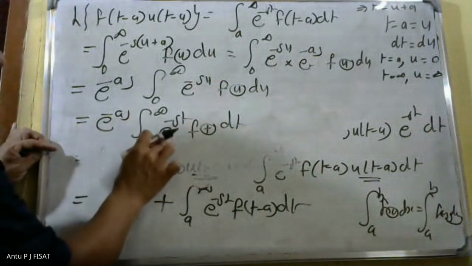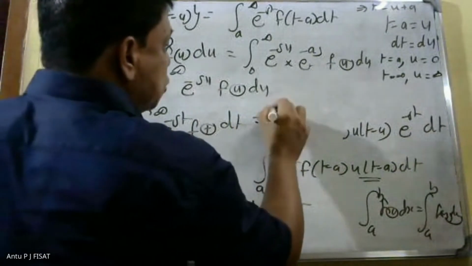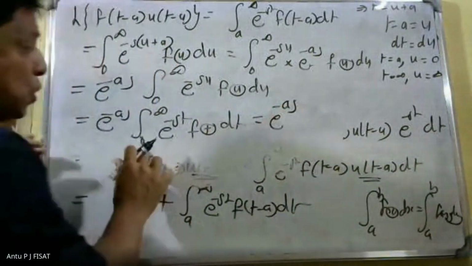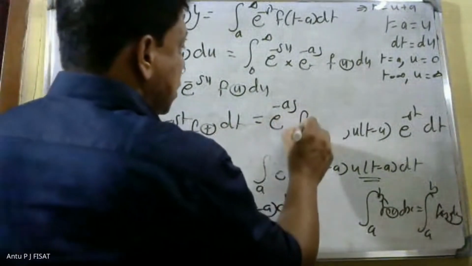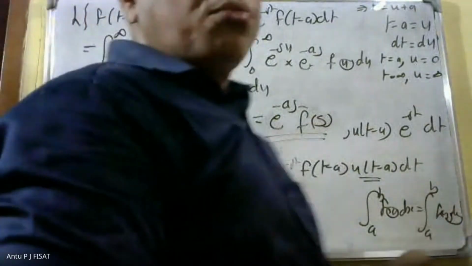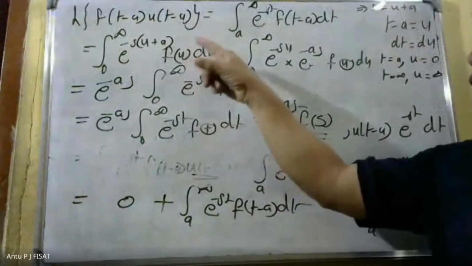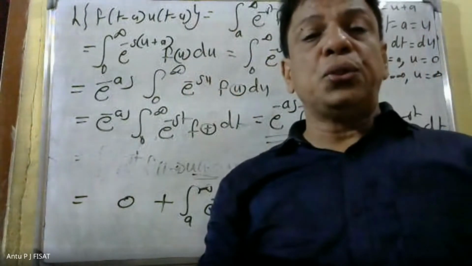That integral is equal to f bar s. Therefore, Laplace transform of f of t minus a into u of t minus a is equal to e raised to minus as into f bar s.